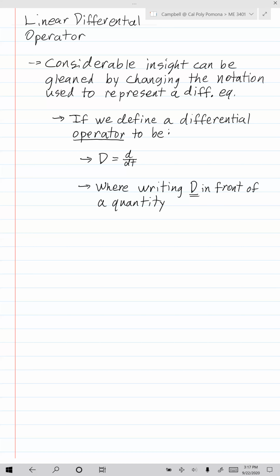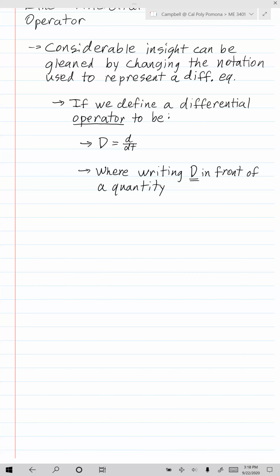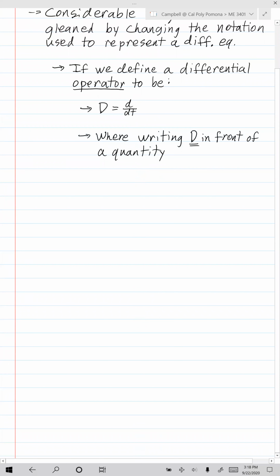Unlike when we were looking in prior lectures at the value of s associated with our assumed solution, the argument of our assumed exponential solution for a differential equation, that s could take on values. This D cannot take on values in and of itself. It is an operator. I want to mention that because it's important for us to remember what this capital D really is all about, what it really represents.